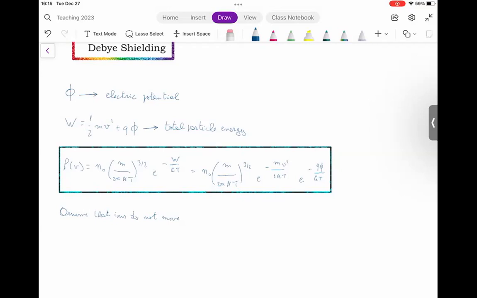What I'm trying to solve for is the electric potential, because I wrote my expression in terms of the electric potential, but I don't know the shape of that electric potential as a function of space. And so I'm going to try to solve the Poisson equation, which I'm going to write as follows.